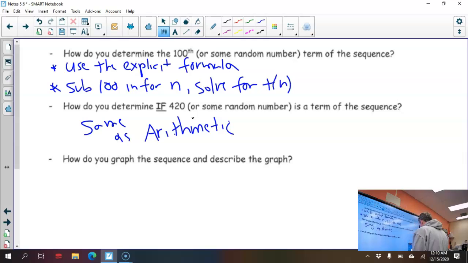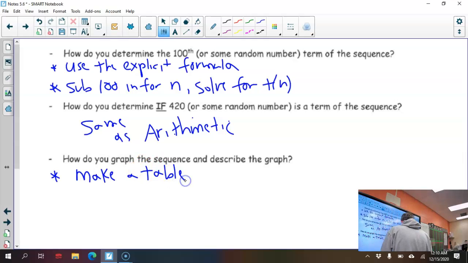How do you graph the sequence? All right. So if I'm graphing a geometric, probably the easiest way right now for us to graph a geometric is make a table. Right? And how do you describe the graph? All right, so to graph it, I think you want to make a table.